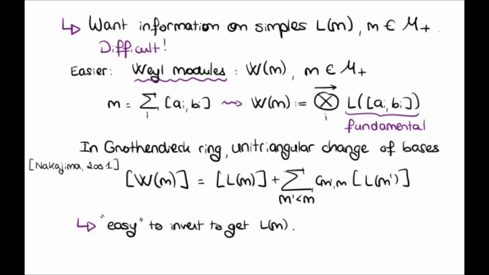So it would be the fundamental blocks of the category. Those are really easier to study, and it's not that difficult to go from one to the other because they also form a basis of the Grothendieck ring, and there is a unitriangular change of basis. So it's easier to invert and go from one to the other.